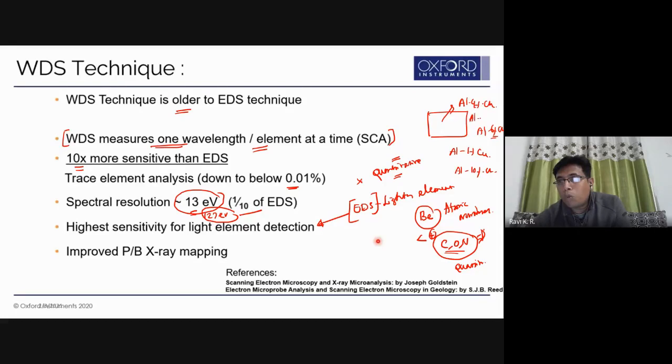Another time you get 2.5%. Now you can get confused: which one is correct? All are correct. That is actually the resolution of this particular EDS. Just based on EDS, you should not make any kind of quantification.